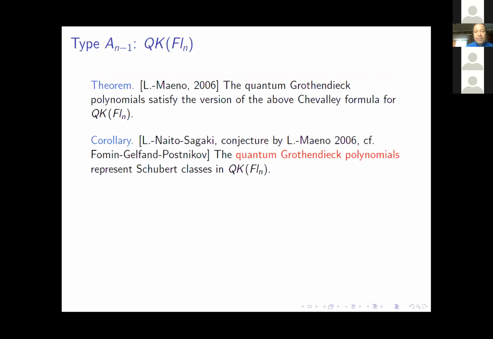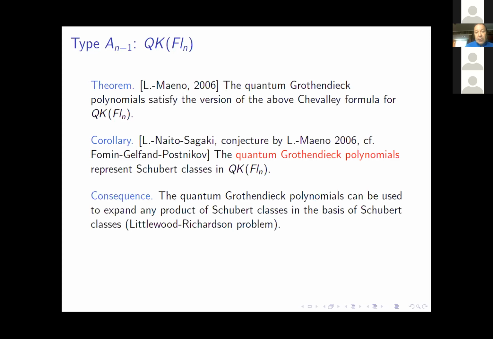And as a corollary, we proved this old conjecture with Maeno, that the quantum Grothendieck polynomials represent Schubert classes in the quantum K theory of the type A flag variety. We can finally prove this conjecture. Which means that we can use the quantum Grothendieck polynomials to expand any product of Schubert classes in the basis of Schubert classes in the quantum K theory of the type A flag variety.